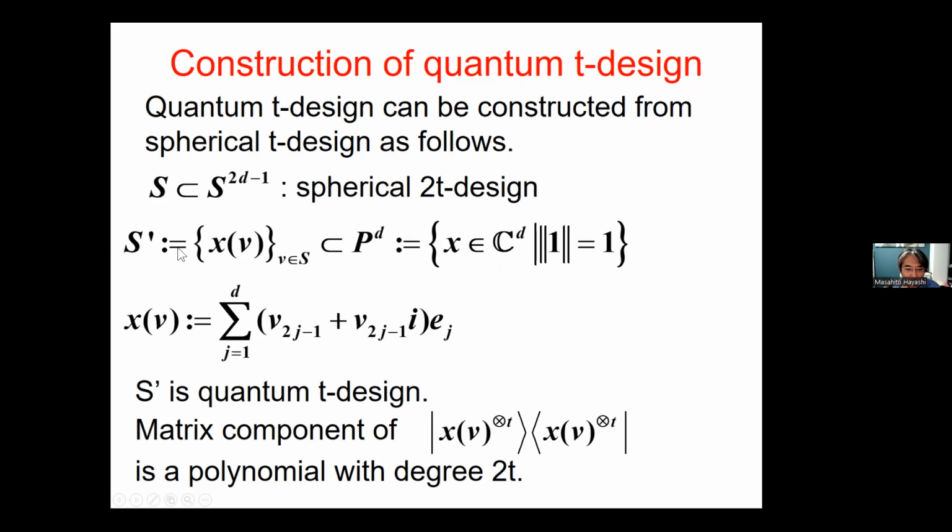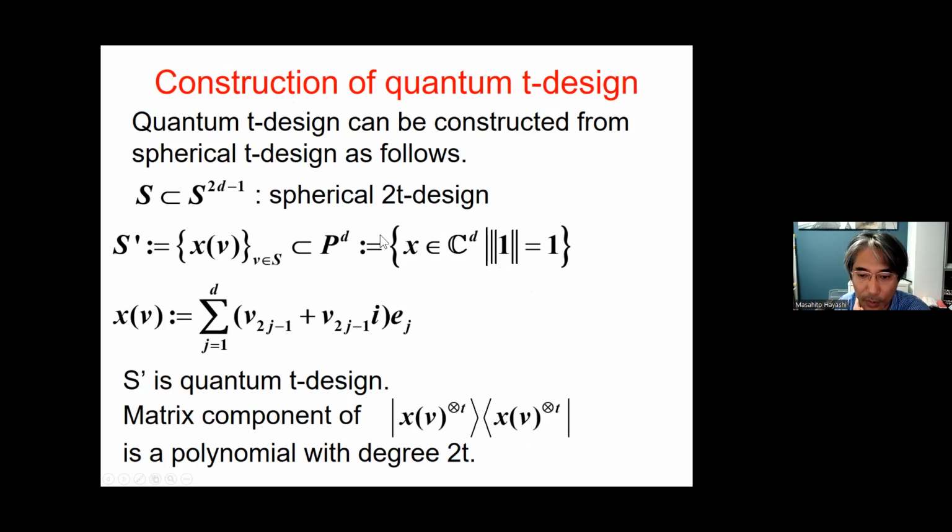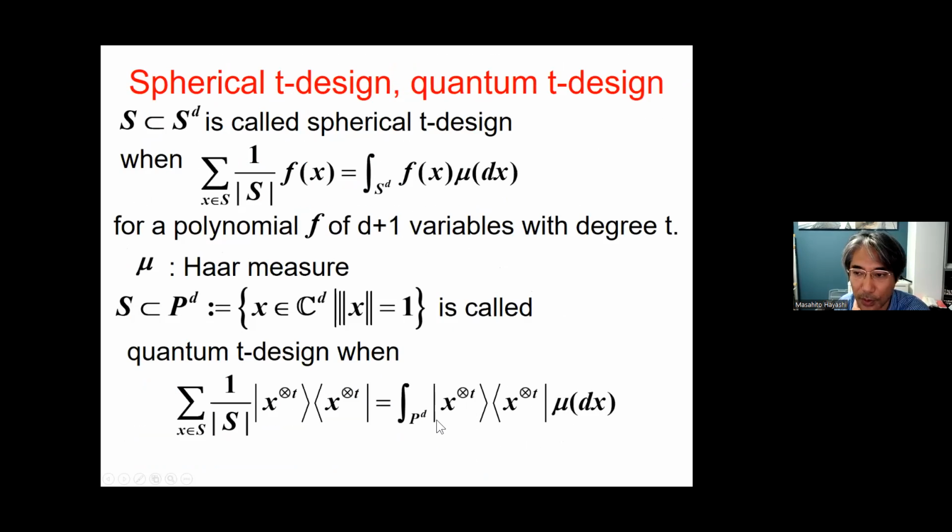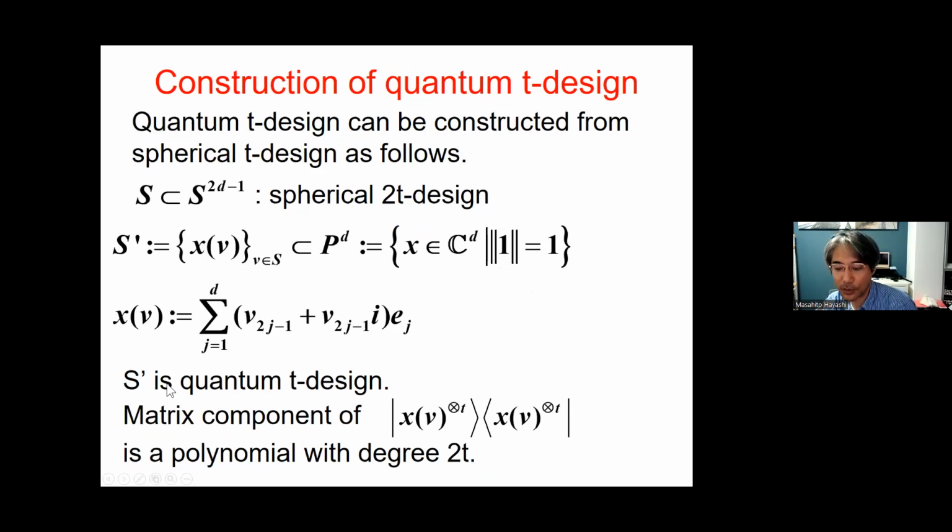So we consider that subset S prime. So S prime is a quantum T design. In this case, the matrix component of this one is a polynomial of degree 2t. So if S is a spherical 2T design, then we have this equation. Then we can say that S prime is also a quantum T design. So this is a very easy observation. Everybody can easily prove this one.